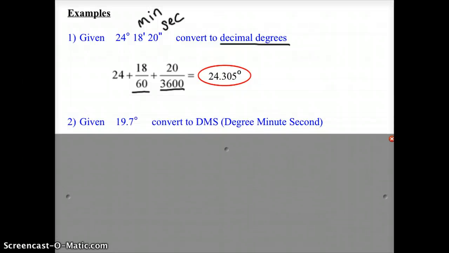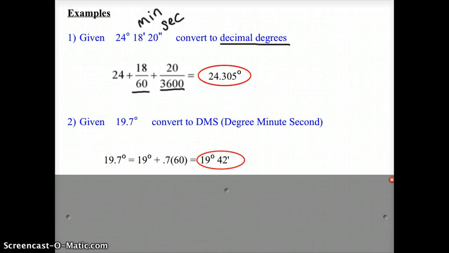The next example, we are going to convert to degree, minute, seconds. So we can abbreviate with DMS. Given that I have 19.7 degrees, I want to know how many minutes and seconds are in there. To do so, you take your decimal, which is 0.7, and you multiply that by 60.